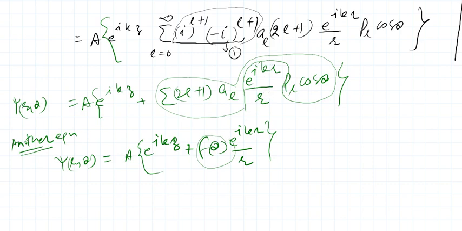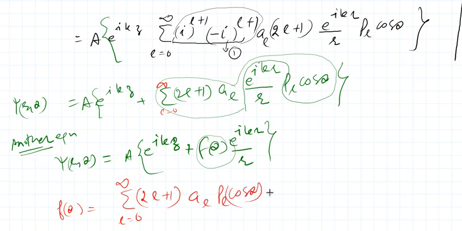Therefore, f of theta is equal to what? Summation L varies from 0 to infinity of 2L plus 1, AL, PL cos theta.